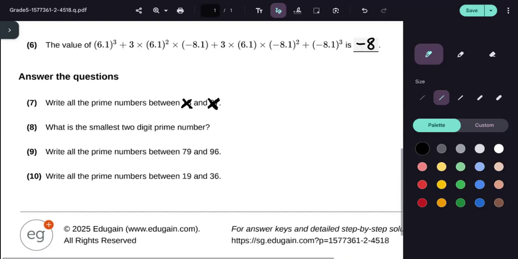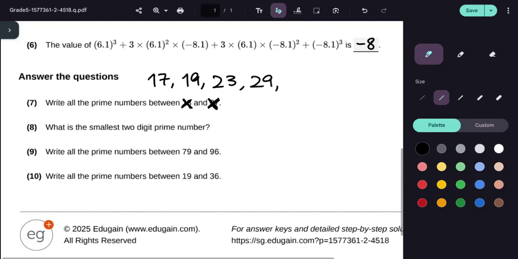So you will start from 17 onwards. Let's list them now. We have 17, we have 19, we don't have 20, 21, 22. Next one, 23, 24, 25, 26, 27, 28, 29.